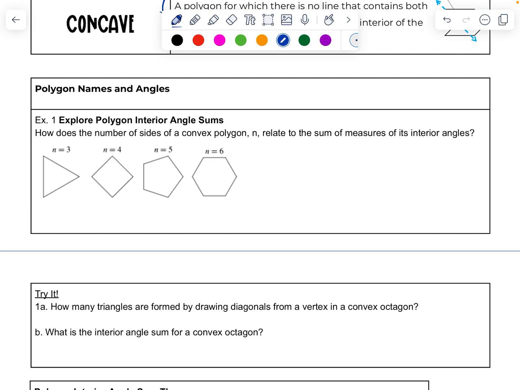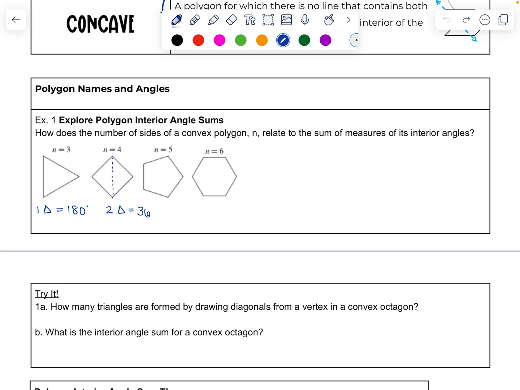A triangle's angles are 180 degrees, so one triangle equals 180 degrees. If you have four sides, you can draw a line here, which creates two triangles in that four-sided shape. And two triangles would equal 360 degrees.